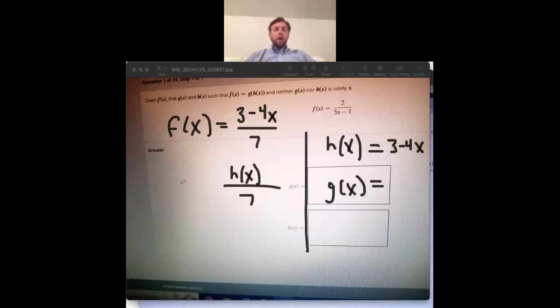Well, keep in mind, when we're doing g of h of x, the h of x is the input. So that originated as g of x. And so you replace the h of x with just a plain old x. So that means that it's x over 7.